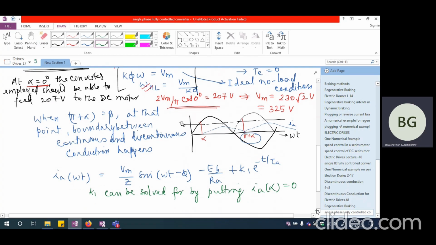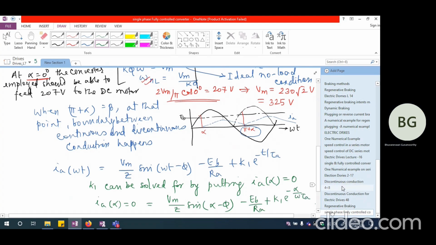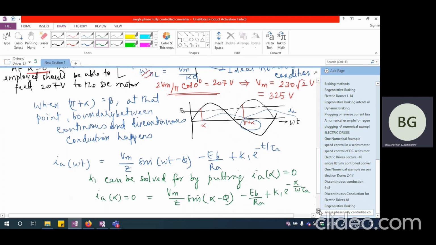So if i_a(α) equals 0, then I should be able to write this as Vm divided by Z sine of (α minus φ), minus E_b by R_a, plus K1 multiplied by e power minus ωt, which is α, divided by ωτ_a. So this is what is 0, from which we can solve for K1.